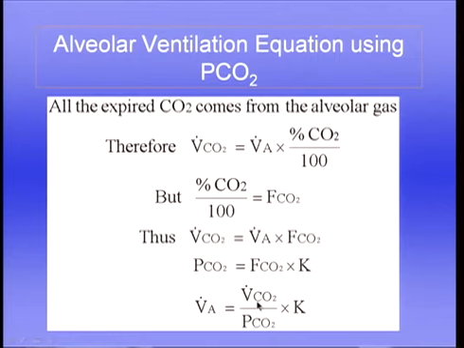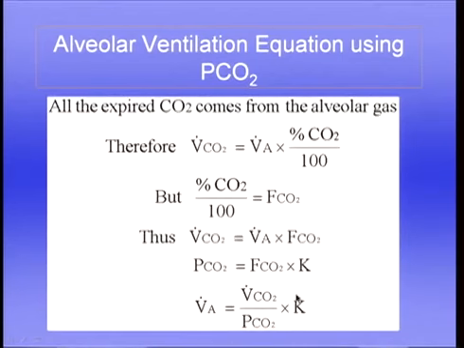It's desperately important. We're going to be using it extensively in the following lectures. What it says is that the alveolar ventilation is equal to the CO2 production divided by the PCO2. Here we're showing it as the PCO2 in the alveolar gas. But in normal subjects, the PCO2 of the arterial blood is the same as the alveolar gas.